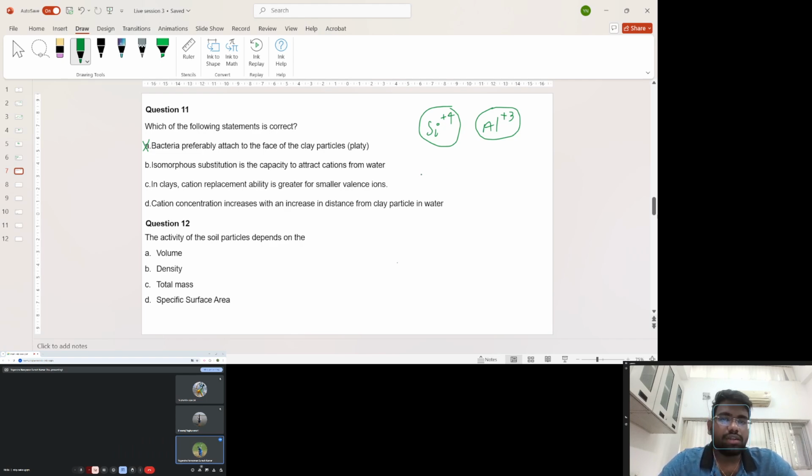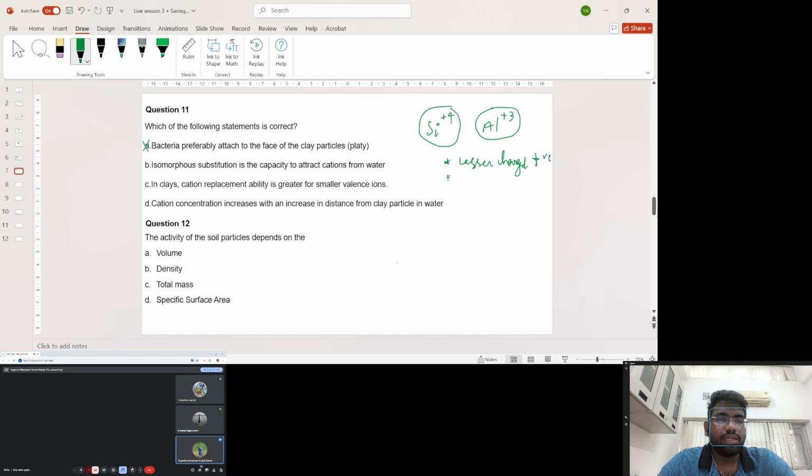Two conditions are there. You can note down shortly. The replacing cation should be of lesser positive charge, replaced by lesser charged cation.